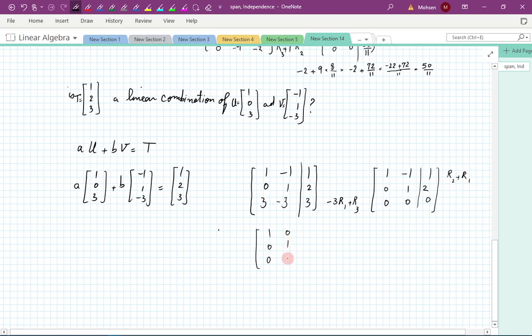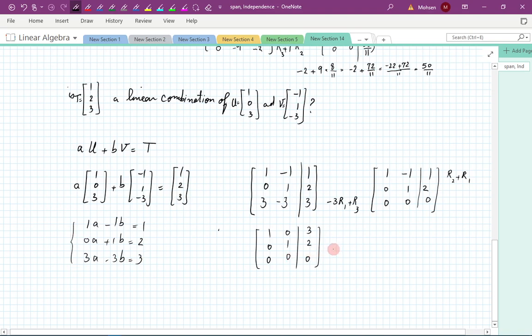This becomes 0 also, and when I add it becomes 3 and 2 and 0. Now take this thing, rewrite it in that style, or let me write that as an equation so that you see this first equation really is 1a minus 1b is equal to 1, and 0a plus 1b is equal to 2, and 3a minus 3b is equal to 3.